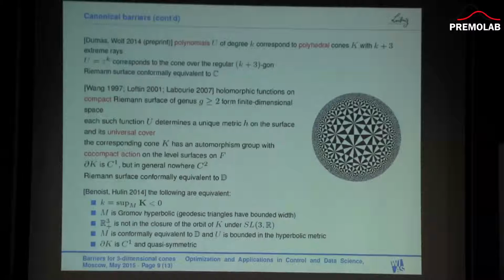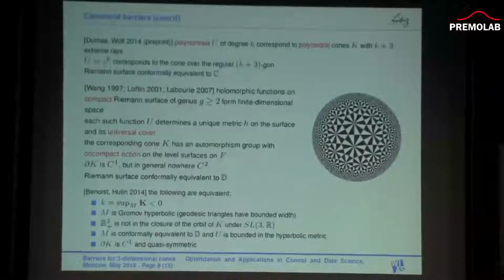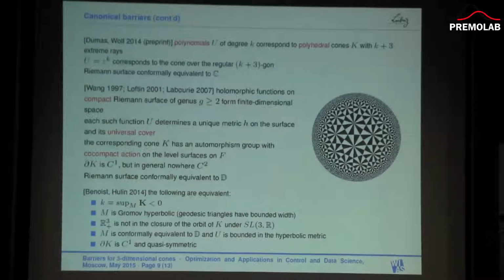Then there exists an interesting example on compact surfaces. So you might ask what compact surfaces have to do with the level functions. But if you have a compact Riemann surface, you can always consider the universal cover. And the universal cover will be the level surface.